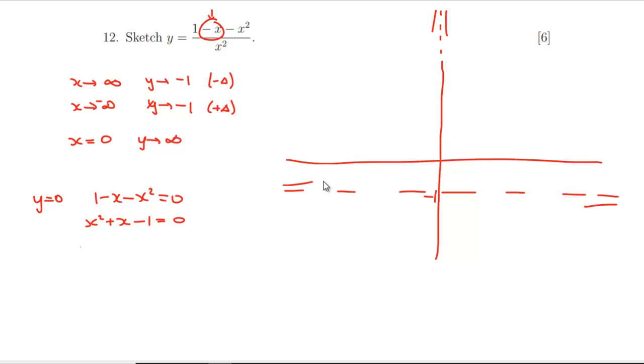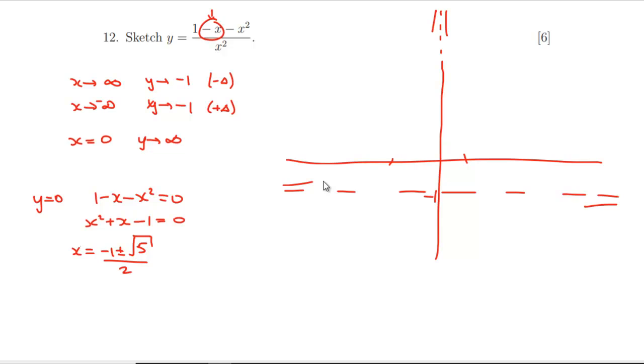I suppose it depends whether we actually care about getting this. But anyway, x is going to be minus b, which is minus 1, plus or minus the square root of b squared, which is 1, plus 4, root 5, over 2. So we've got that value there for the intersection, and then 2 values for the intersection. So that's quite nice. At least we've got 1 on either side and we know what they are.